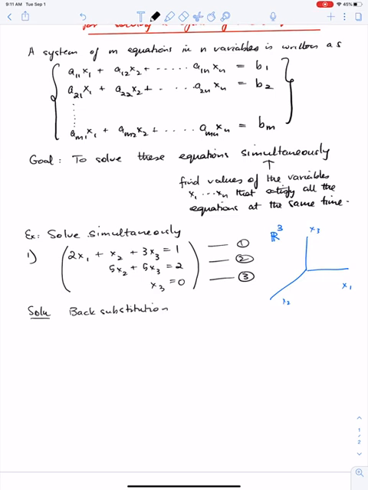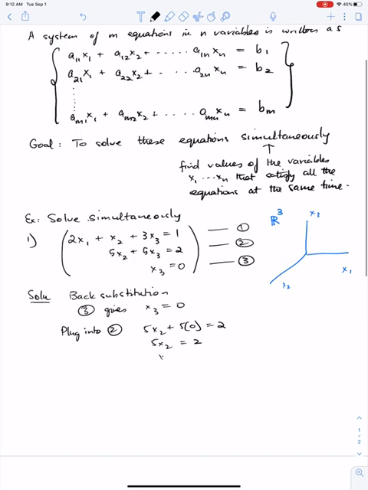You have x3 equals 0, right? Equation 3 gives us x3 equals 0. Plug into 2. So you get 5x2 plus 5 times 0 equals 2. So you get 5x2 equals 2, or x2 equals 2 over 5.